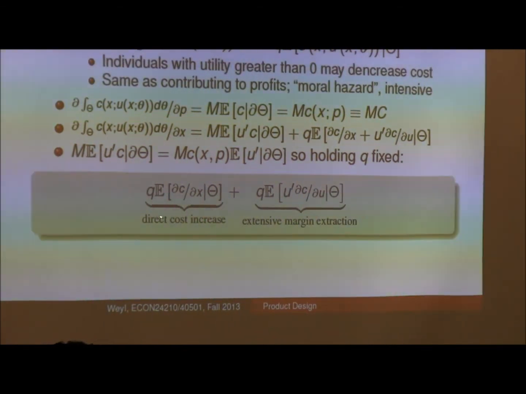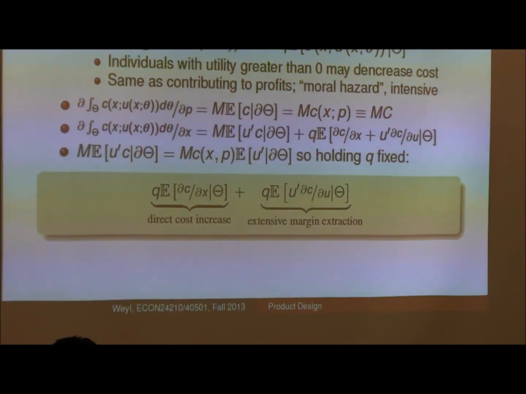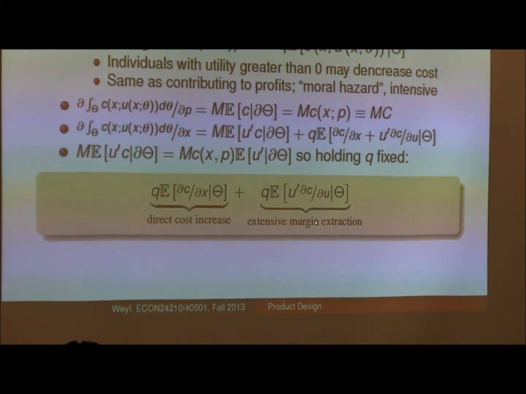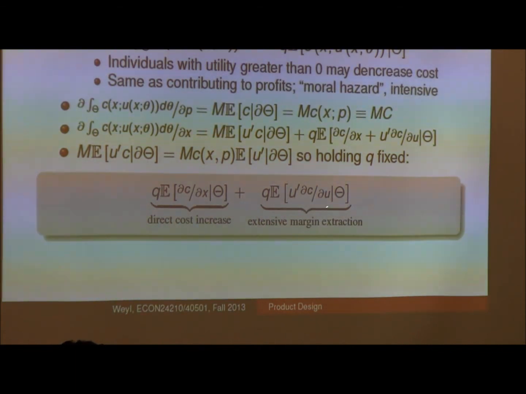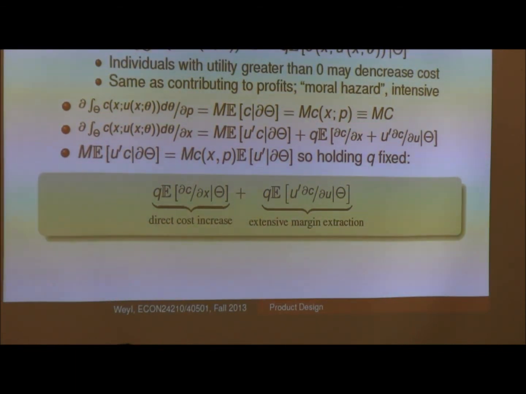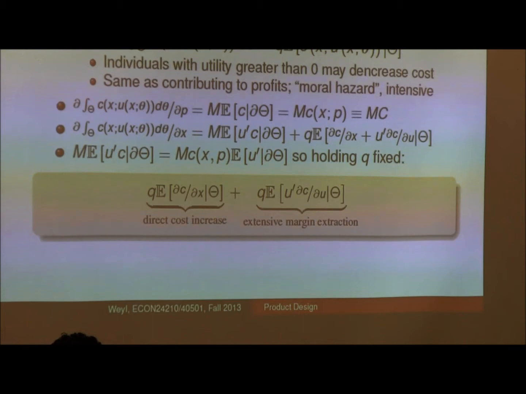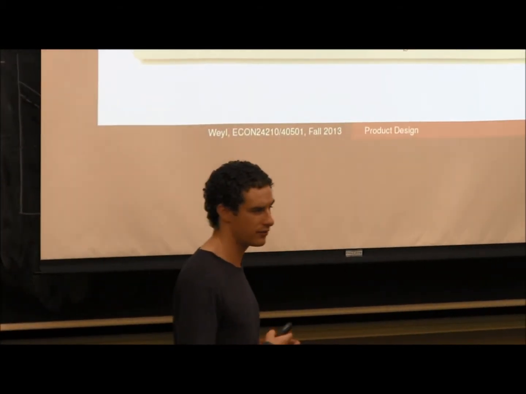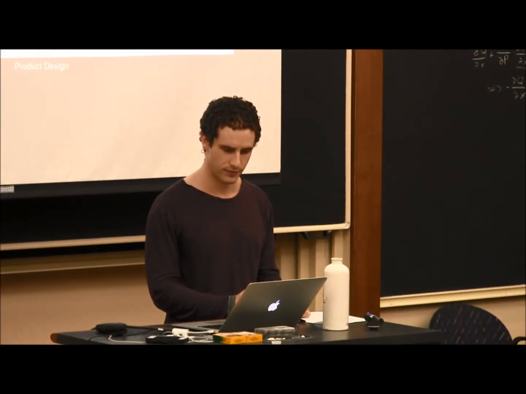One is the direct increase in cost when you change the quality, but then there's also an indirect intensive margin effect, extraction effect, where if I increase the quality, I'll give people higher utility, and that might reduce the cost or increase the profitability of consumers because they're willing to buy more when the quality is higher, right?